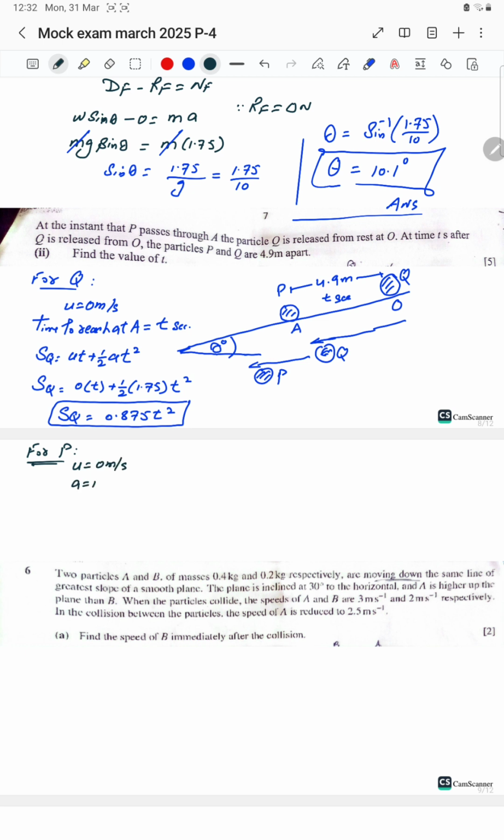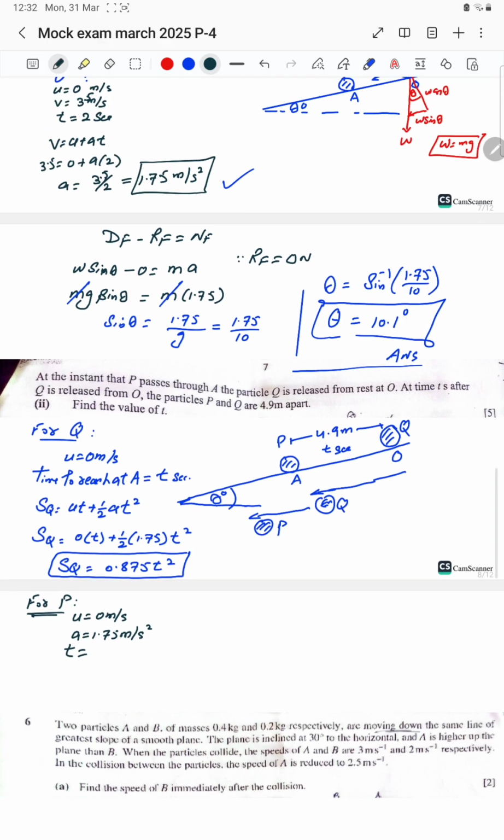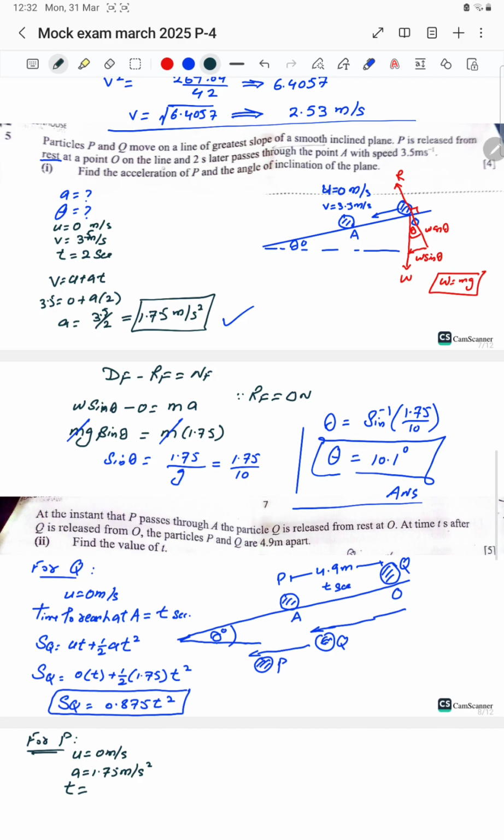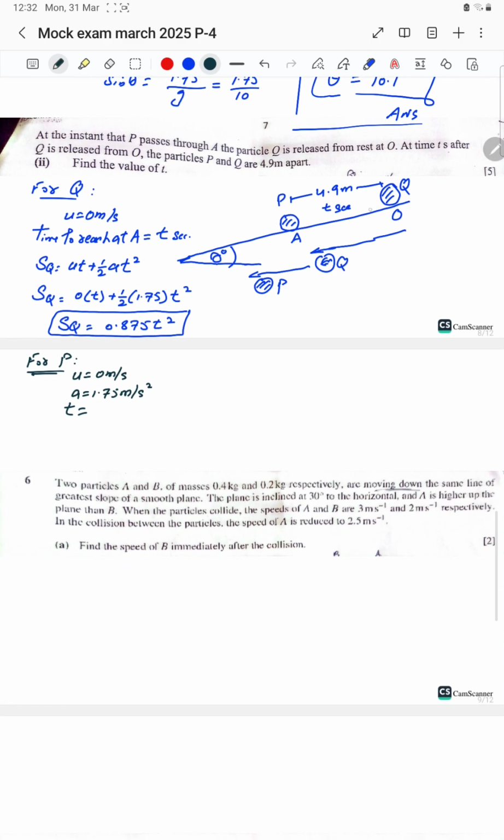The acceleration was 1.75 meters per second squared, and the time, as mentioned here, is 2 seconds later it passes through point A. From the start, particle P takes 2 seconds from O to A. So the time here will be t plus 2 seconds.